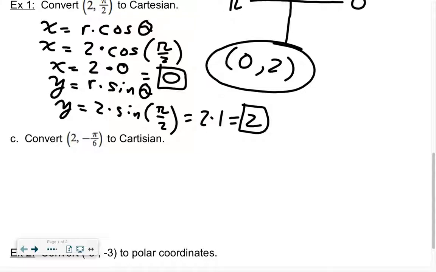What's the positive radian measure? You know, if we identify pi over 6, if it's just positive, it would be over here, right?